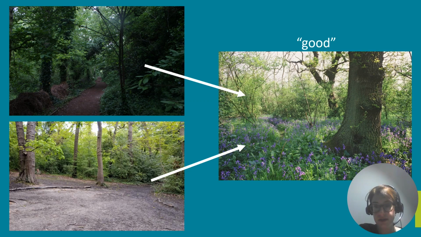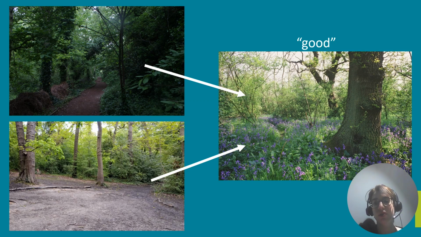There is light reaching the ground, as you can see, but you still have a shrub layer. So you can see that you have some shrubs and you have some trees. And if you look closely, you can see that there are some saplings of trees. So you have the different layers of the vegetation, light reaching the ground. So this is a good example of a good condition woodland.